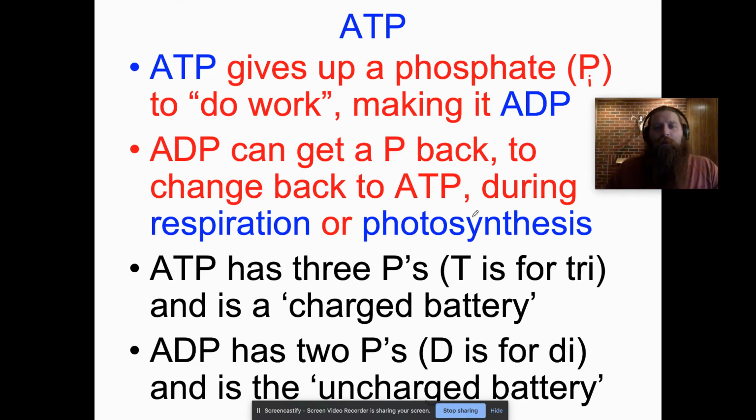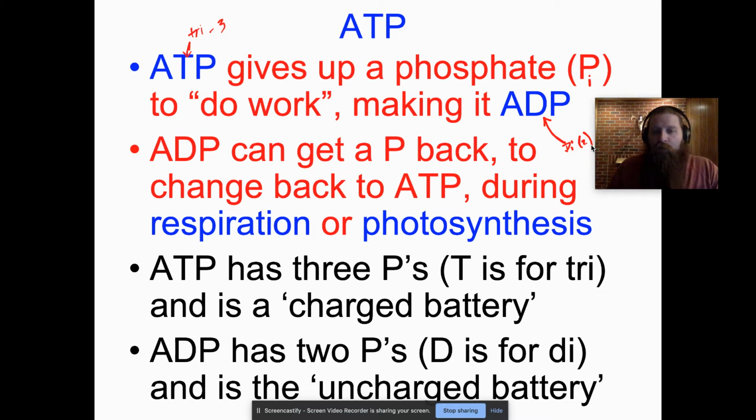When it gives up a phosphate, it becomes ADP. So ATP is triphosphate. This right here means tri, as in 3. ADP is adenine diphosphate, so 2.